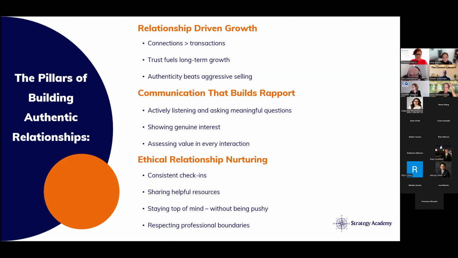Sharing helpful resources could be an article that you downloaded that you saw that's relevant to your entire client base, and you send individual emails to them with a personal email message just saying, hey, I found this article, thought it would be useful to you. Let me know if you want to chat. That gives you another opportunity to be in front of that client again. And then you're getting an opportunity to talk about what's going on and perhaps what new matters could be coming out of that one conversation.